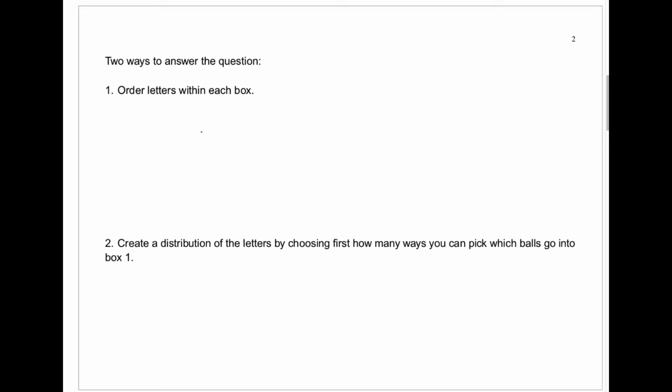Let's look again at these boxes. Let's say we have the M, the P box, the I box, and the S box. We know that a distribution that will give us 1 ball in the M box, 2 in the P, 4 in the I, and 4 in the S will represent a rearrangement of the word Mississippi.